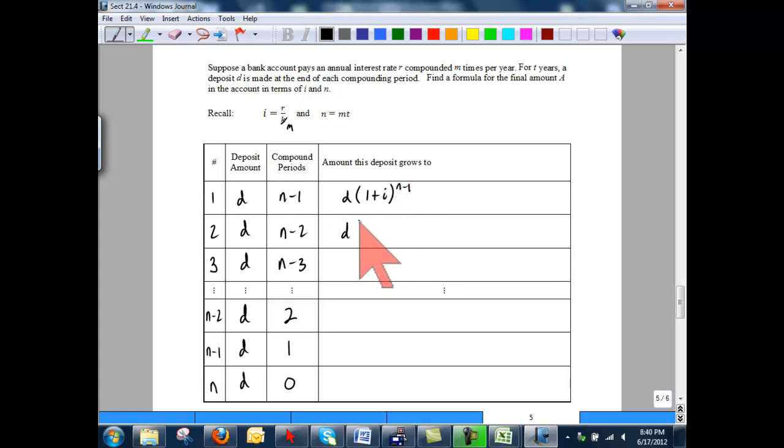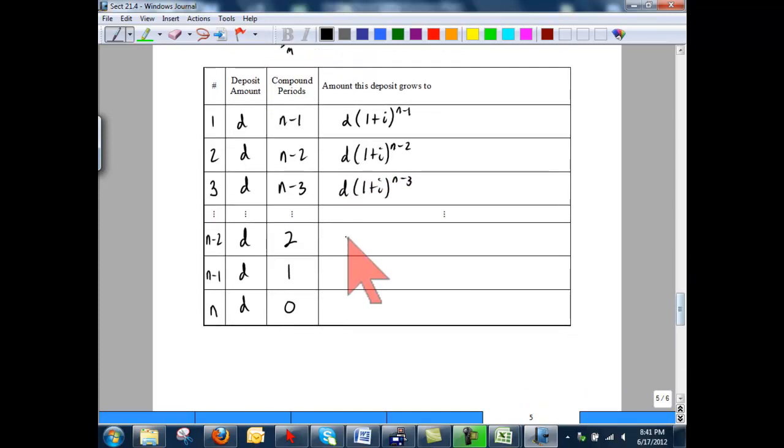And the next one, same expression, except it grew for n minus 2 periods, and the next one for n minus 3 periods, and so on. And so by the time we get near the end, it's compounded for 2 periods, 1 period, and no periods at all.